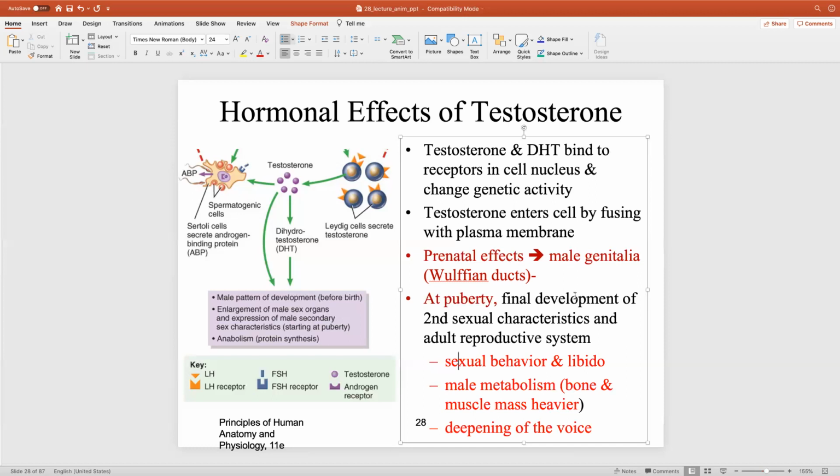So again, testosterone release really early on in gestation, allowing the male ducts, the Wolffian ducts, to develop. Then it goes quiet for about 13 years. And then at about 12, 13 years of age, you will have testosterone release again, and this will be the cause of puberty.